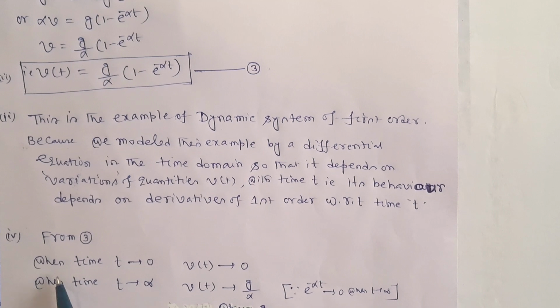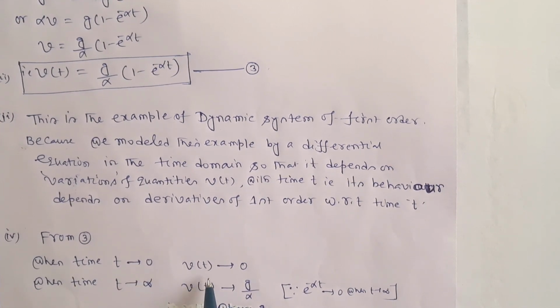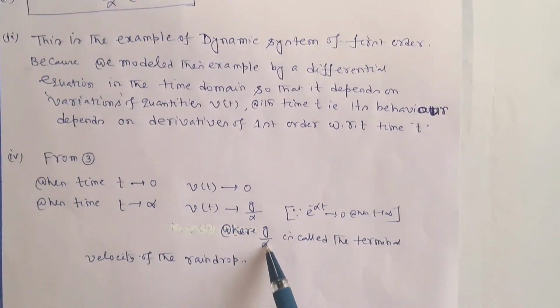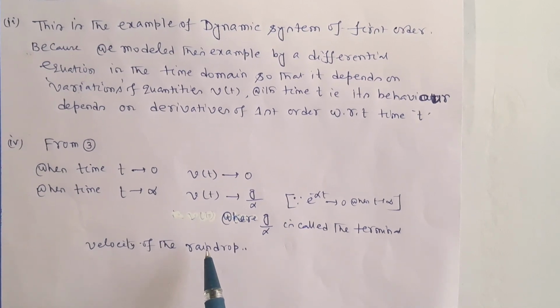From 3 we get that when t tends to 0, v(t) tends to 0, and when t tends to infinity, v(t) tends to g/alpha. What is g/alpha? g/alpha is called the terminal velocity of the raindrop.